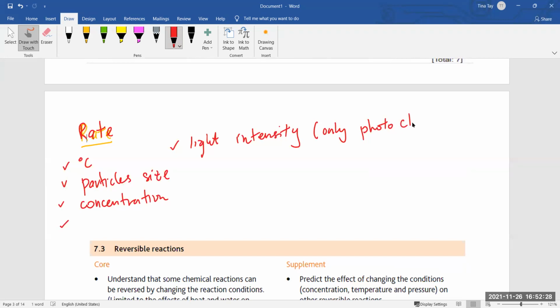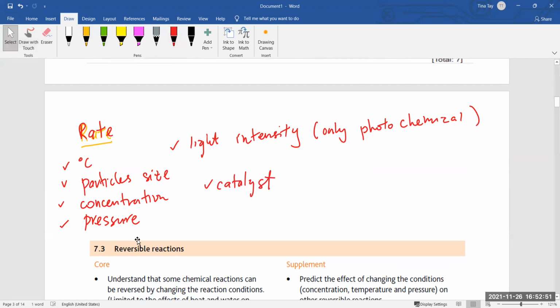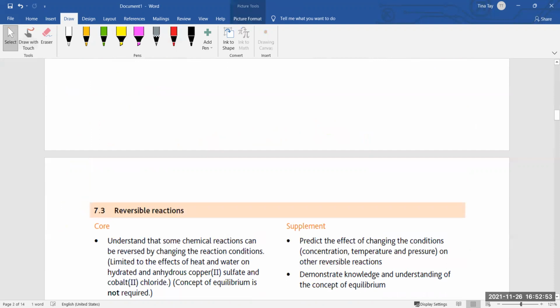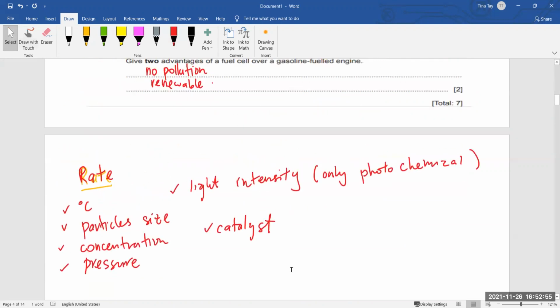Some more? Pressure, and one more, catalyst. Okay, so these are the 5 factors that affect rate.